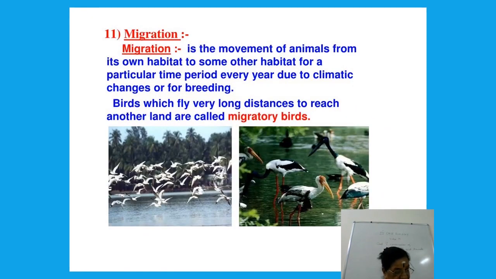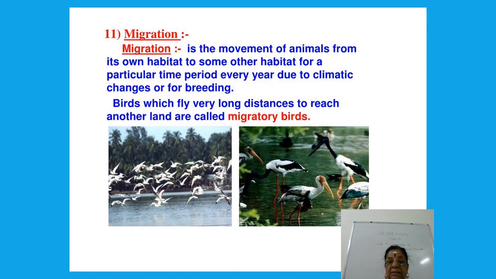This is migration. Migration, it is a movement of animals from its own habitat to some other habitat for a particular time period every year due to climatic changes or for breeding. என்ன சொல்றதுன்னா, first migration they migrate from one place to other due to climatic conditions.